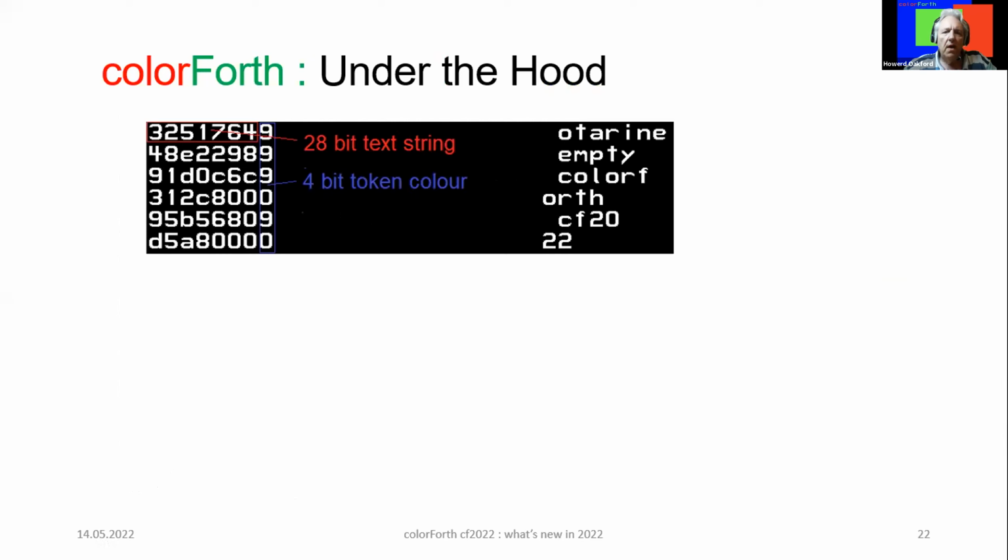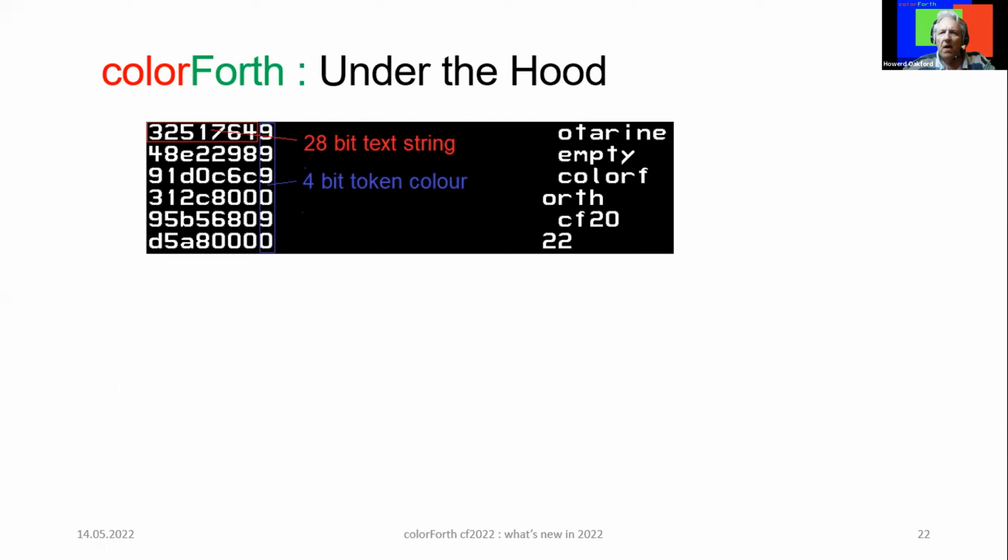You can see that each 32-bit token is 28 bits of the string packed in. It's a bit like a zip file. You know, you've got a file and you can compact it if you know how to do it. And this is just a very simple, elegant way of packing, realistically, 6-character names into one token.